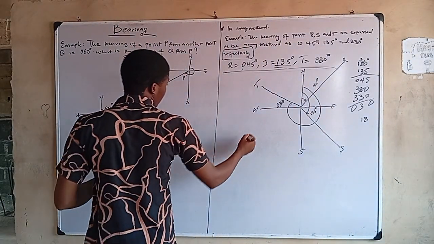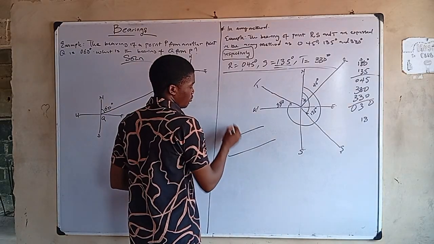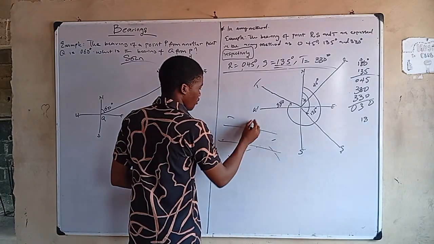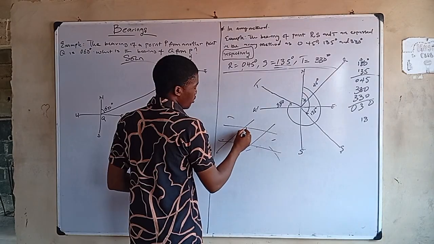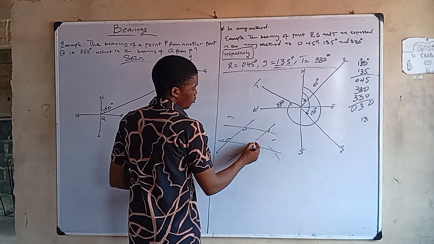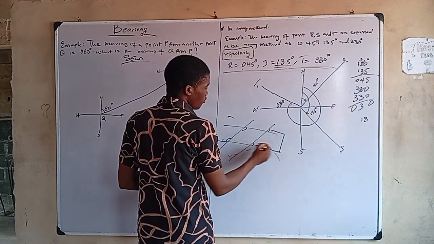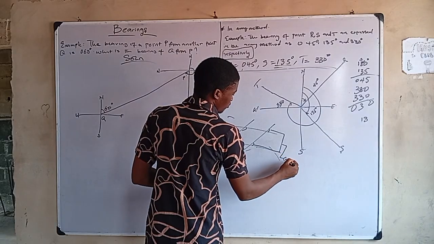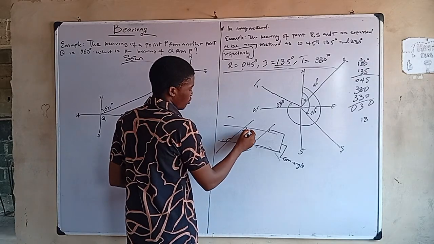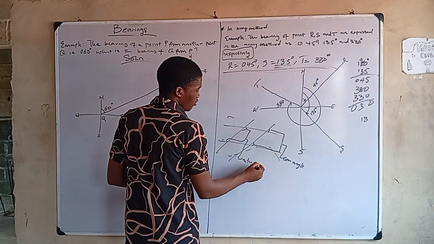Now, when you have something like this, especially in a trapezium, these two are corresponding angles, and these two are alternate angles.